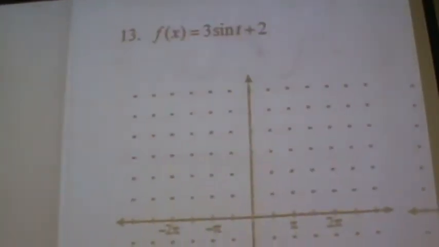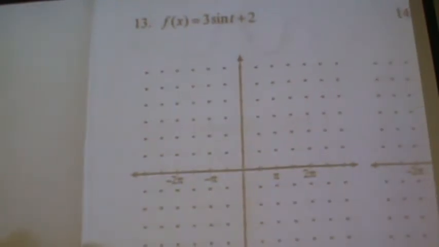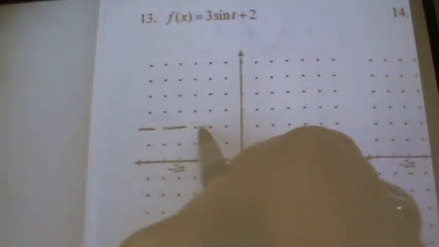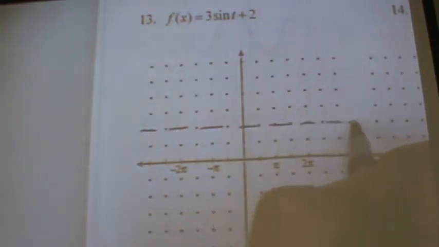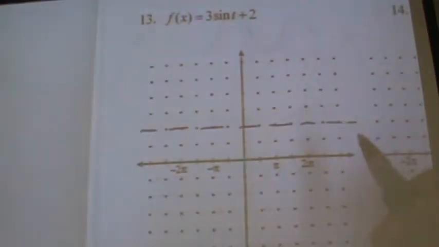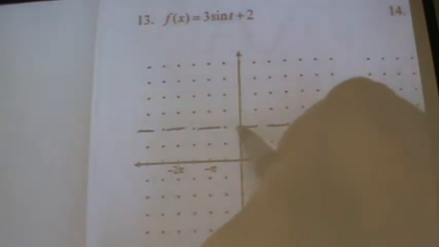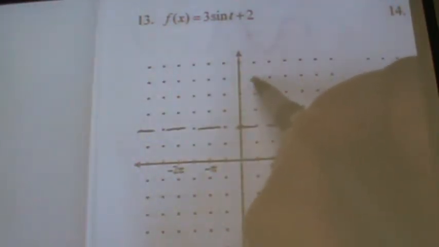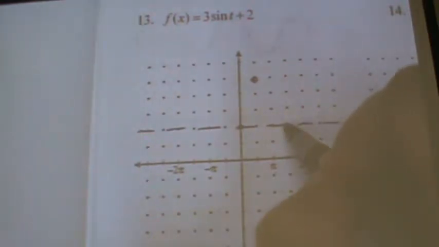Number 13. What would you do there? Go up 2, then what? At the x-axis, the new x-axis, do what? We go up 2. Then what?